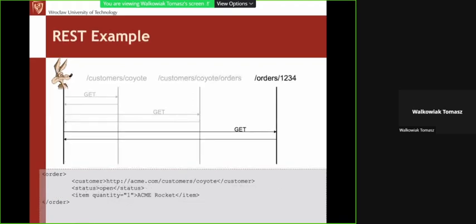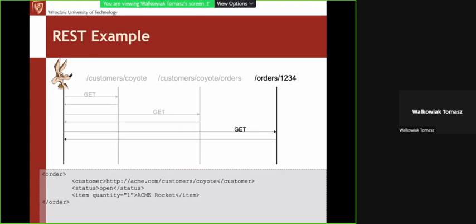Again, we have a call with get with orders, and suddenly we have the values that are required for the communication. So we have the order, and the quantity is 1. If somebody was watching the cartoon, he or she knows that 1 rocket for the Coyote is not enough.